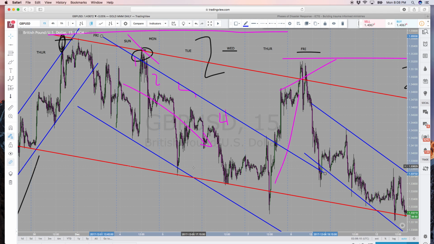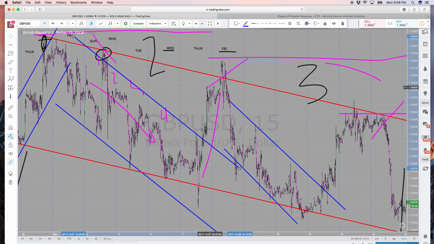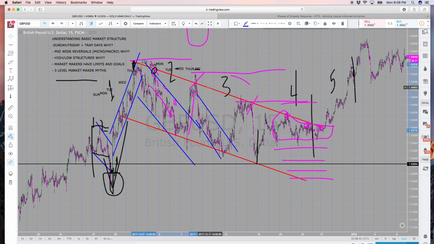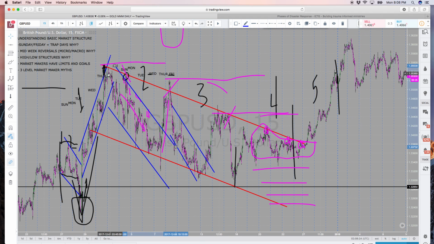It becomes obvious, and in the middle of the week, the dealer has to reverse the market because it becomes too obvious, right? This same exact concept happens on a larger scale. So this is the larger scale, right?